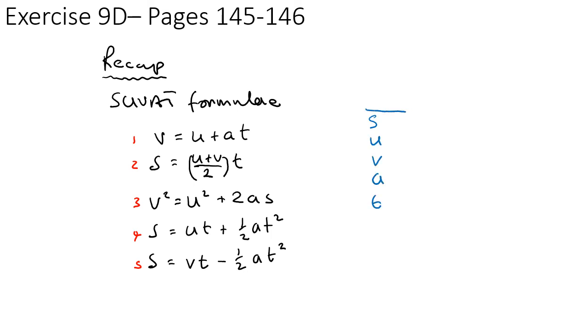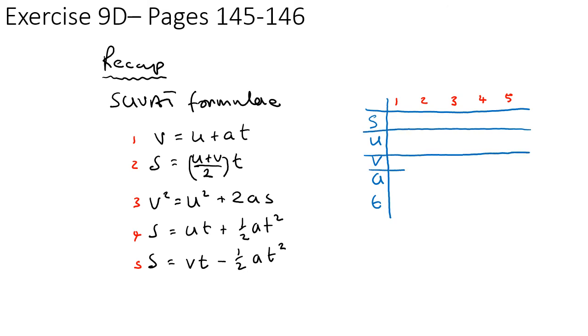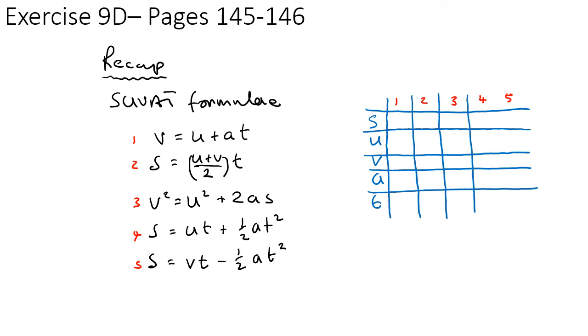we could create a little table to show which actual values are given by each equation, and we'll just put little ticks in this. So we'll start with equation number 1. That uses U, V, A and T. Equation 2, S equals U plus V over 2 times T, doesn't have the acceleration in it, so that has those 4.